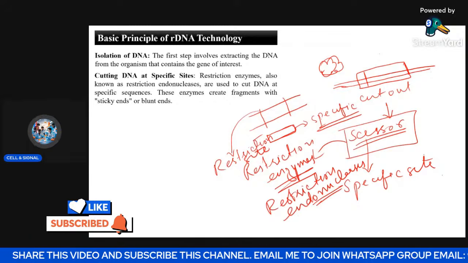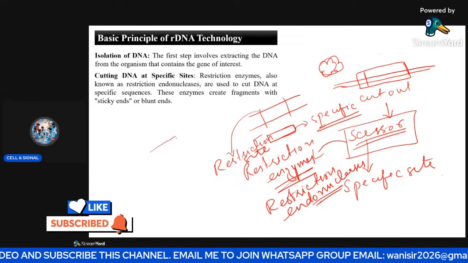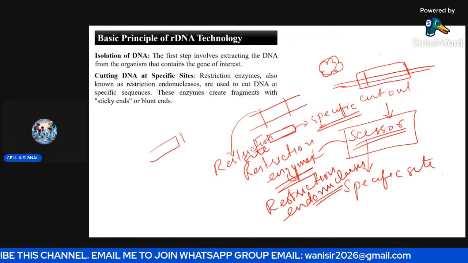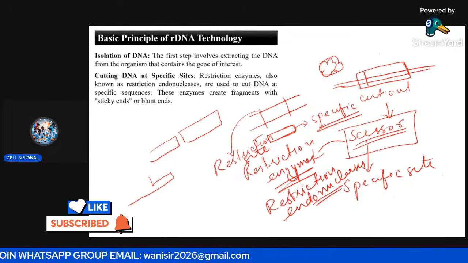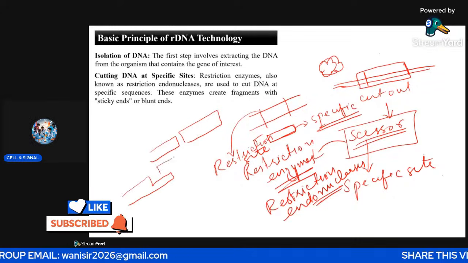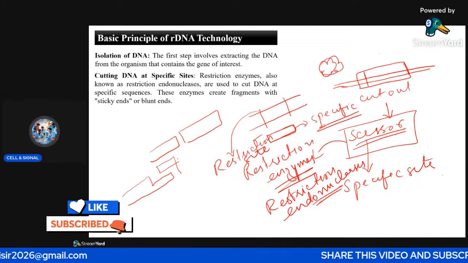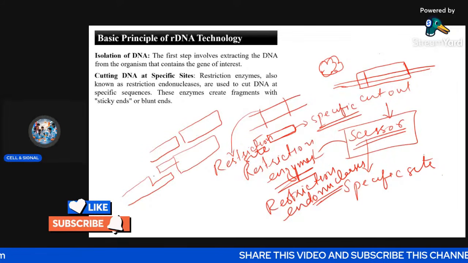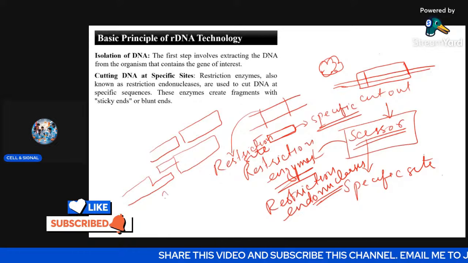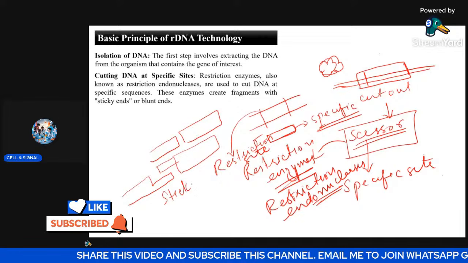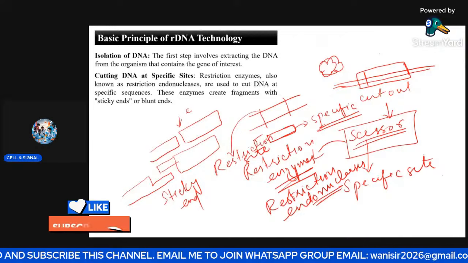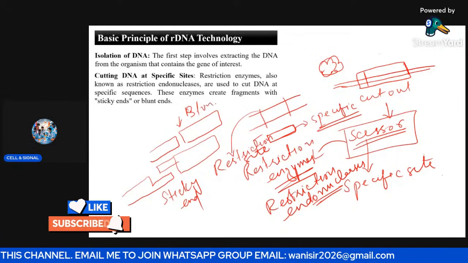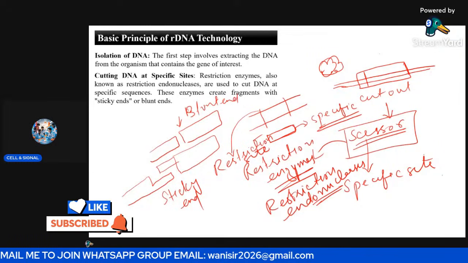This enzyme can cut in two ways. One way is called blunt end, and one way it can make overhangs. When the enzyme cuts in the form of overhangs, this is called a sticky end. So one is blunt end, another is sticky end.